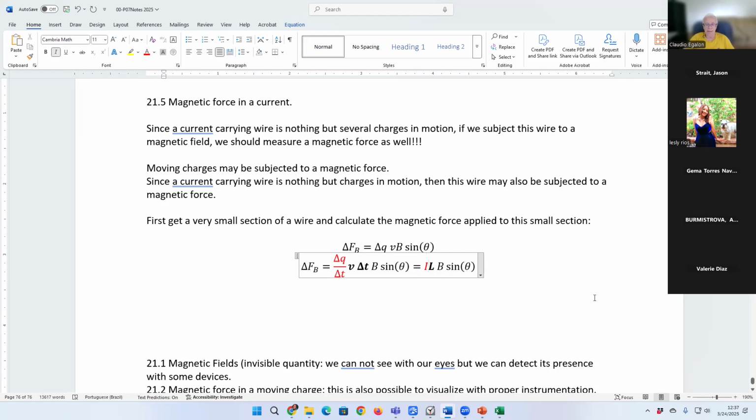You see that? Let's make theta equal to 90 degrees to make the problem simpler to solve. And what we get? We get 1 here.